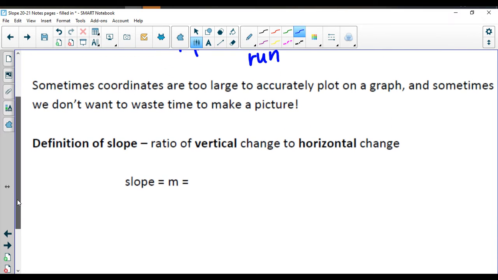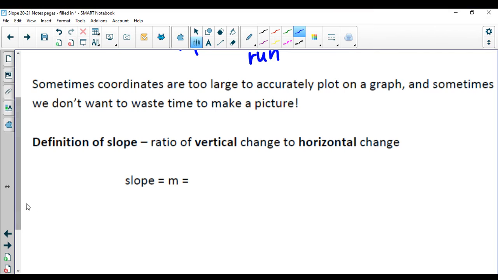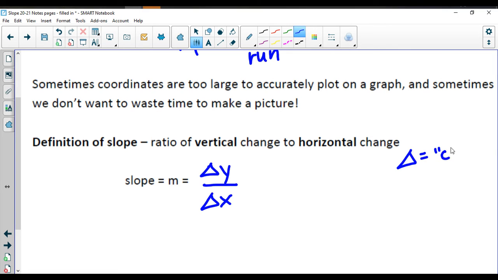So if we go back to the definition of slope, the slope is the ratio of vertical change to horizontal change. So the slope formula can also be defined like this: the delta y over the delta x. This delta symbol is actually a Greek letter, and it really means change in Greek. So we're talking about the change in y over the change in x. Changes in y's are your vertical changes, and changes in x are your horizontal changes.